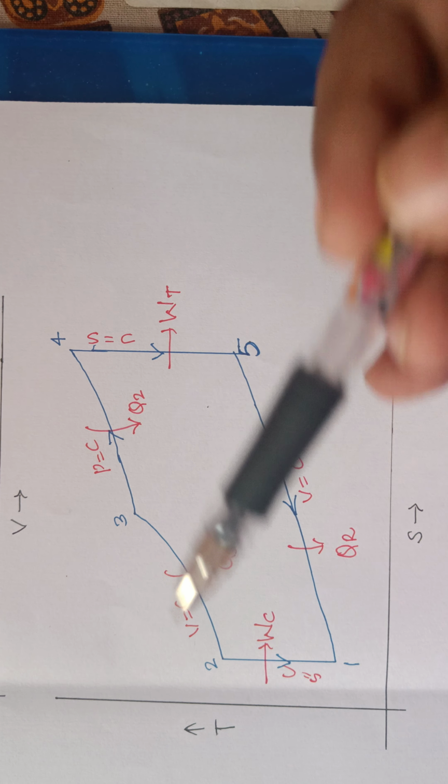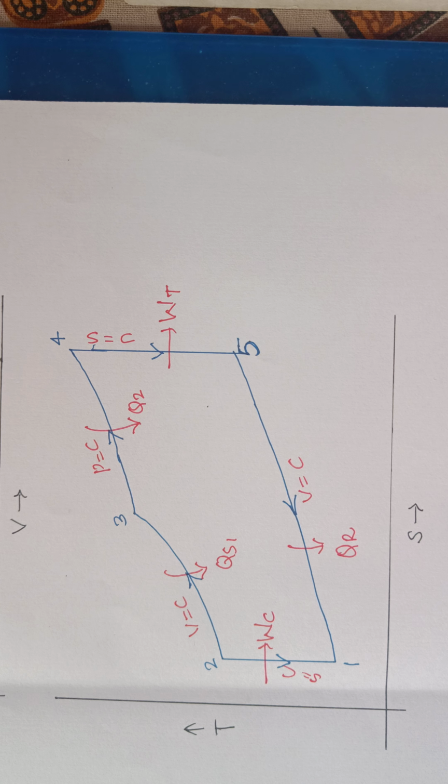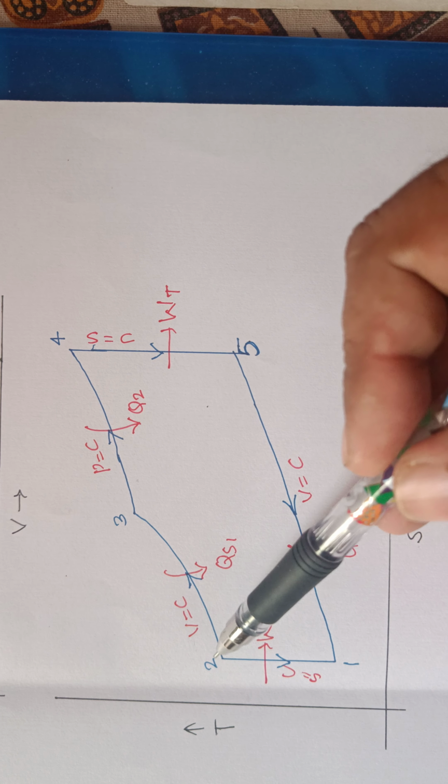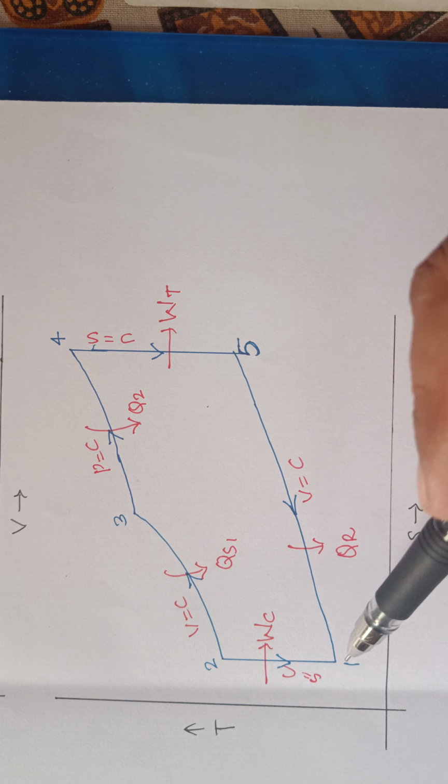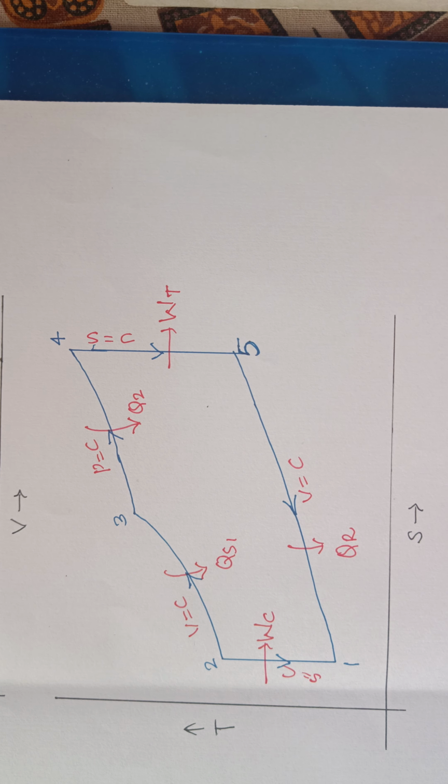So 1 to 2 and 4 to 5 are both isentropic processes. One is compression and the other is expansion. Therefore entropy remains constant during these two processes.